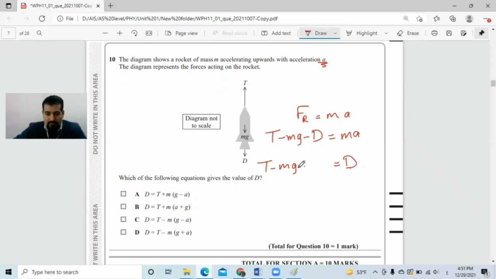Minus ma. Take m as a common factor. I put negative here. So it will be a plus g, or g plus a. So which one is the answer? The answer is D.